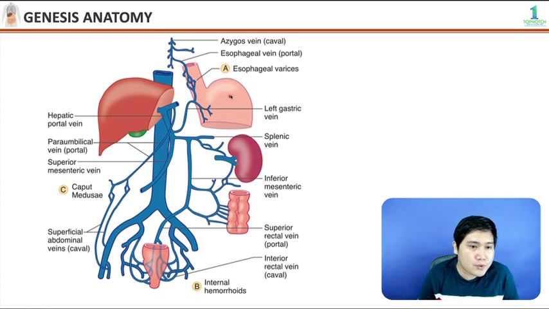So these are the anastomoses. The left gastric vein forms esophageal varices. Your superior, middle, and inferior rectal veins, in cases of portal hypertension, will present as internal hemorrhoids. And your paraumbilical veins will form caput medusa. So that's the portal venous system.